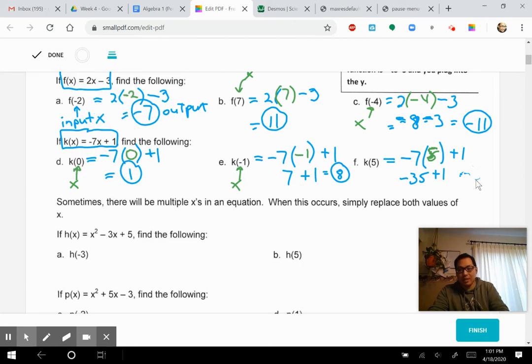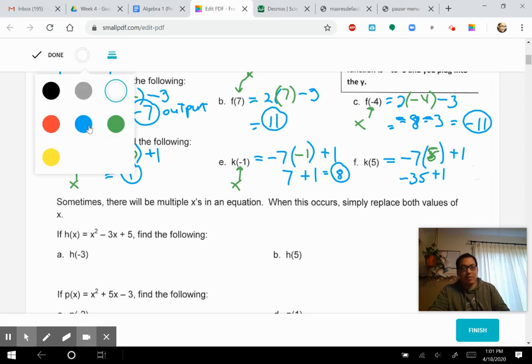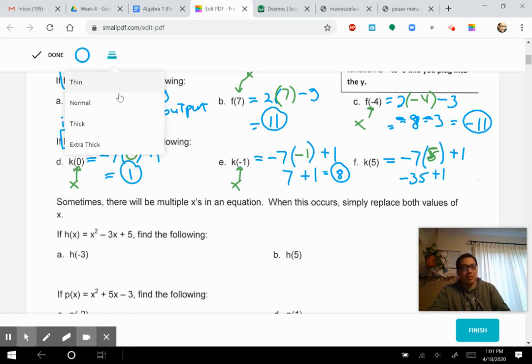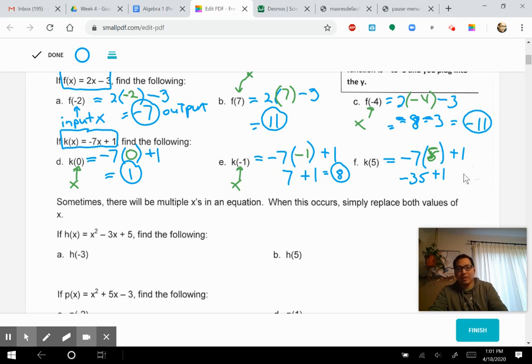Still did not like this. Yeah, definitely gonna have to go back to my old Mimeo software next time. But we get equals -34. I just have to be a little slower on this. And that's our output.